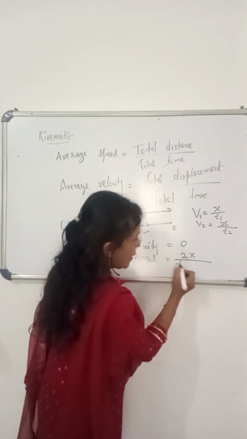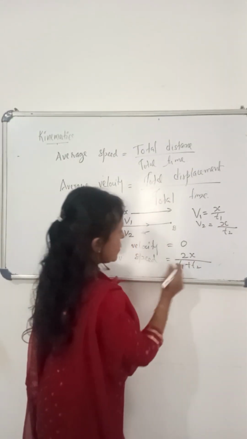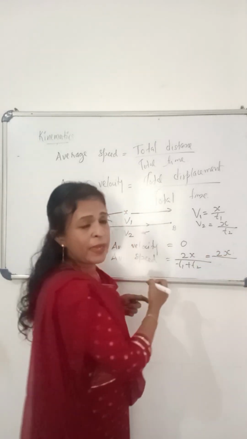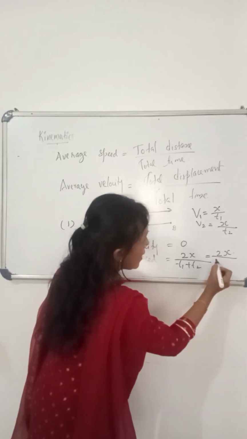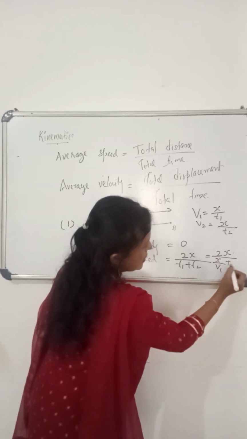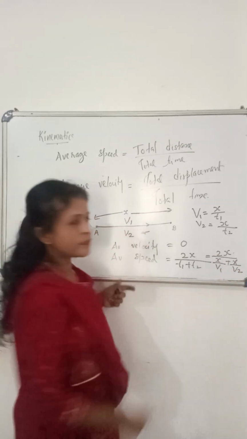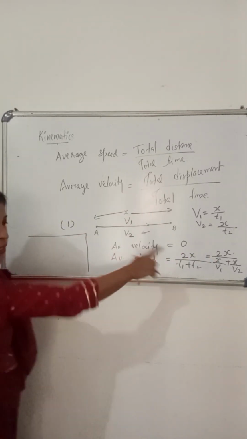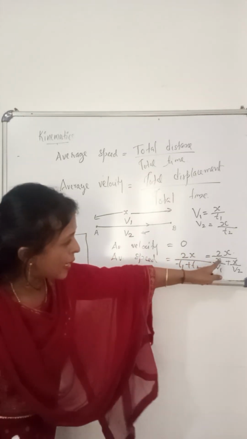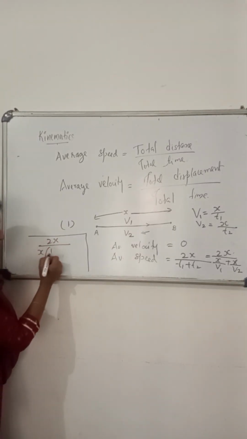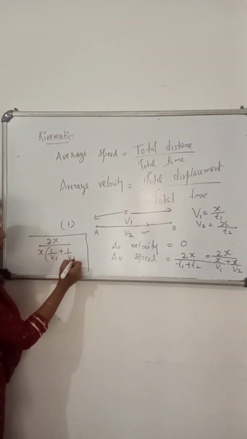Here the total time is t1 plus t2, so we can write 2x divided by x by v1 plus x by v2. Listen, x we can take out. 2x divided by x times 1 by v1 plus 1 by v2.